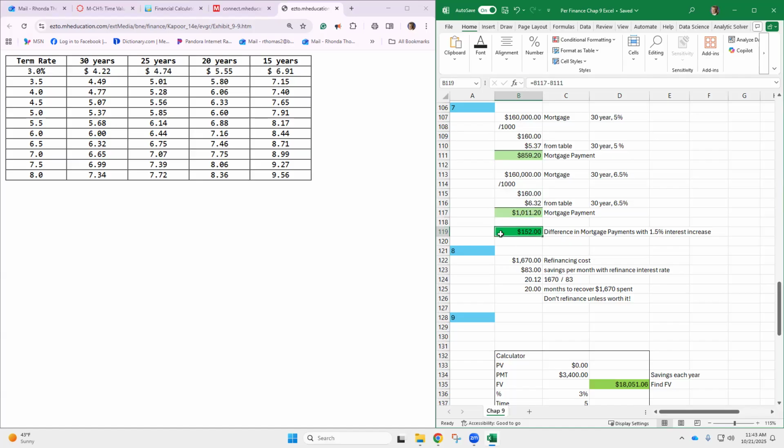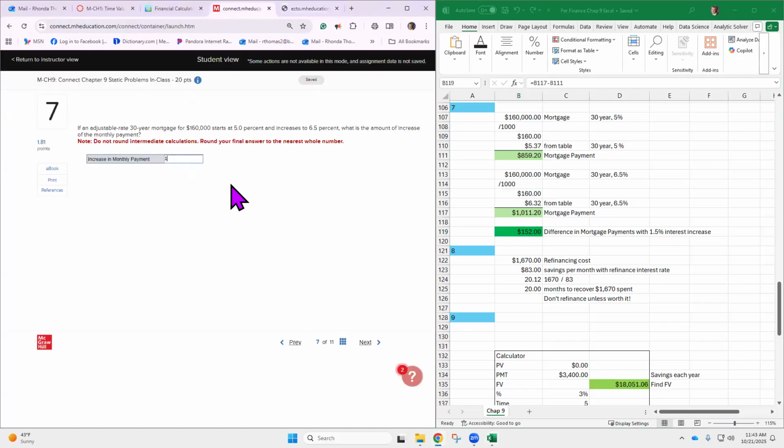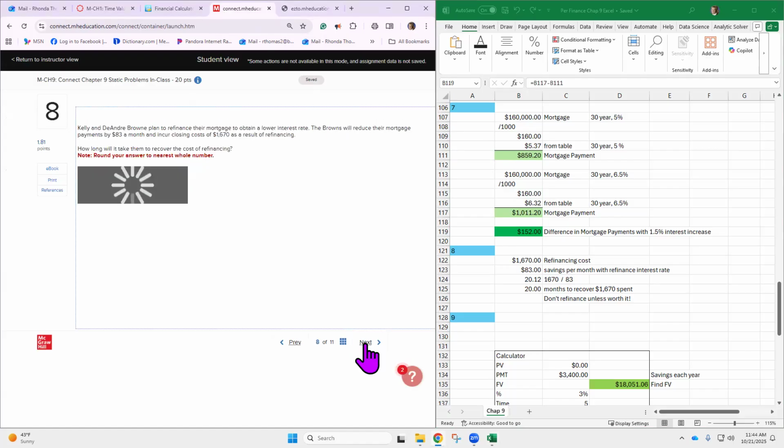So the difference should be $152. Okay, so just 1.5% going up causes you to have to pay an extra $152 a month.